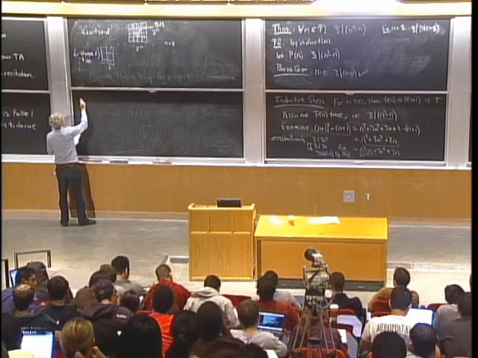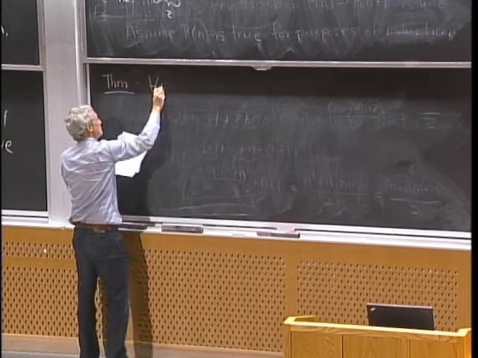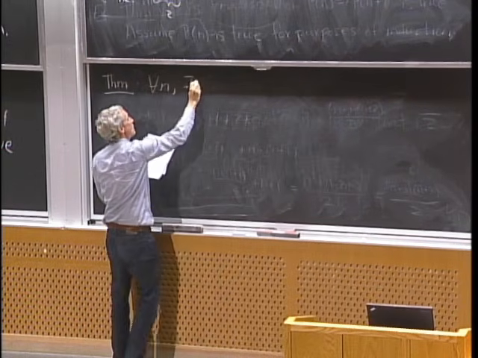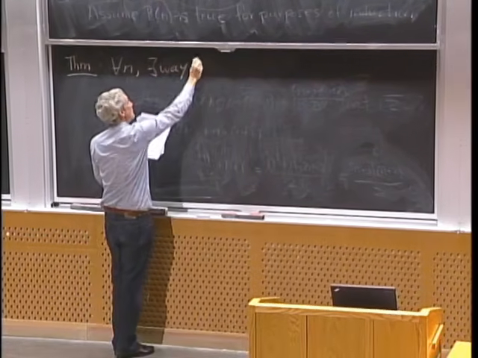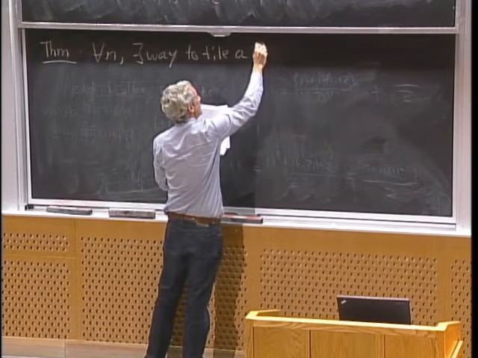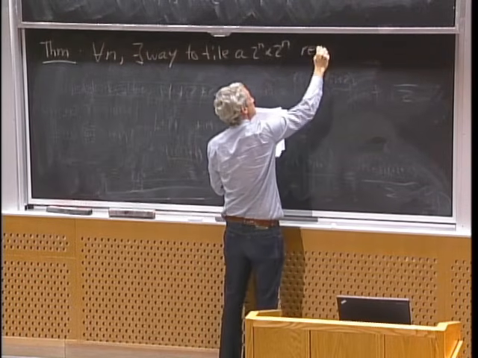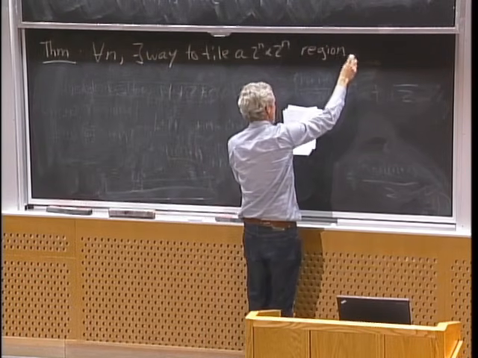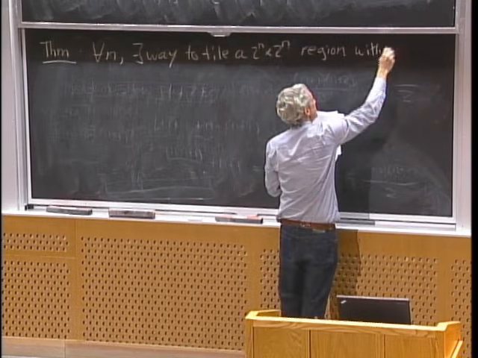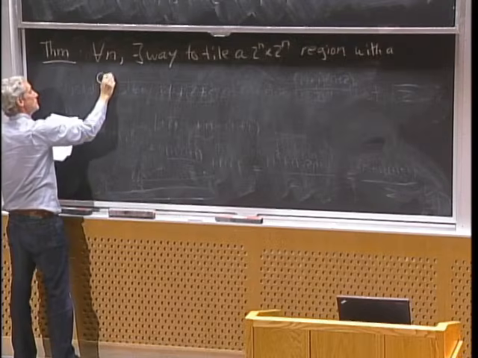All right, so let's state a theorem. For all n, there exists a way to tile a 2 to the n by 2 to the n region, or courtyard, with a center square missing for Bill.